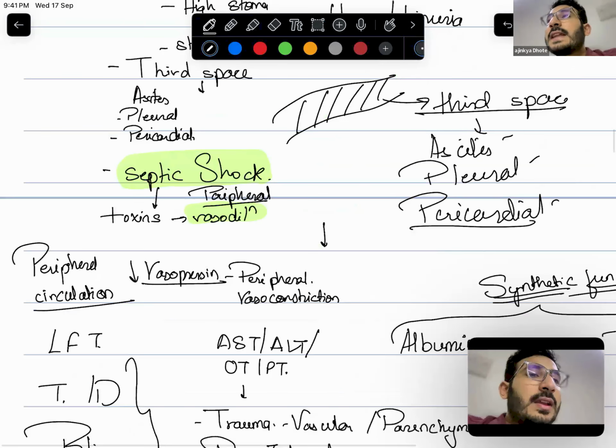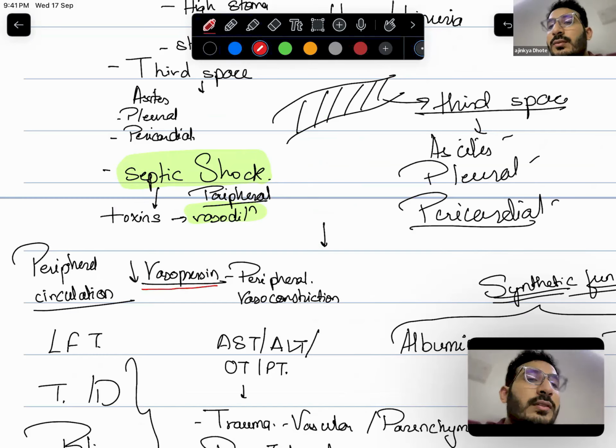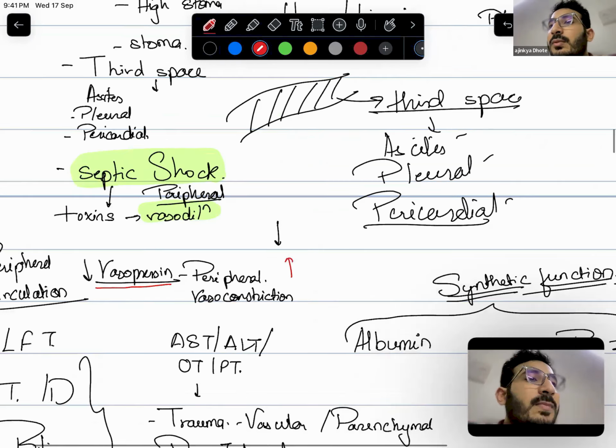That is why we prefer something known as vasopressin. What does vasopressin do? Vasopressin causes vasoconstriction in the peripheral arterioles, which pushes the blood towards your systemic circulation, and that thereby helps in decreasing the peripheral vasodilation that is seen.